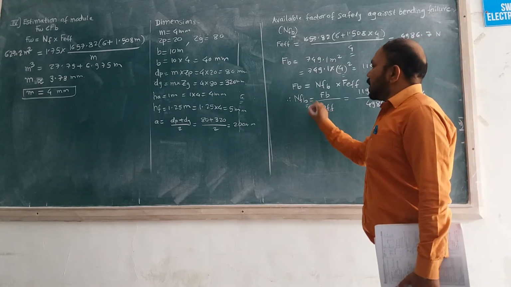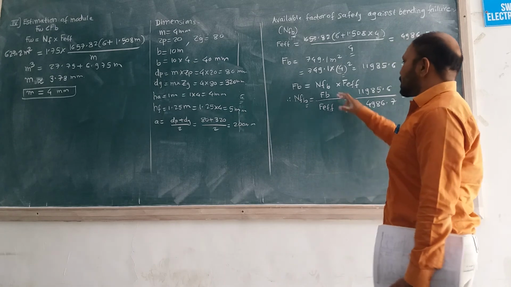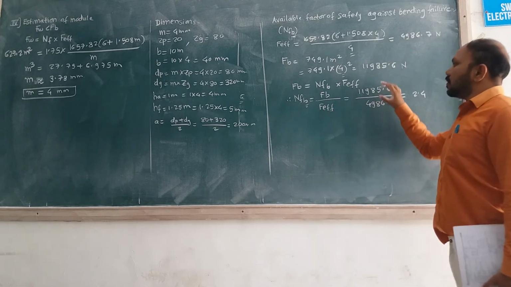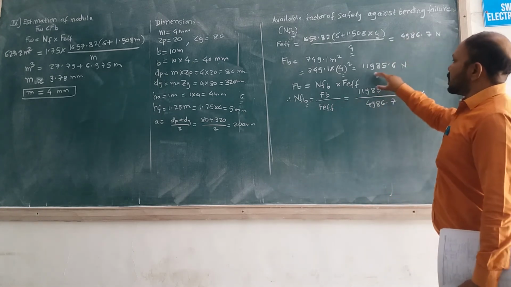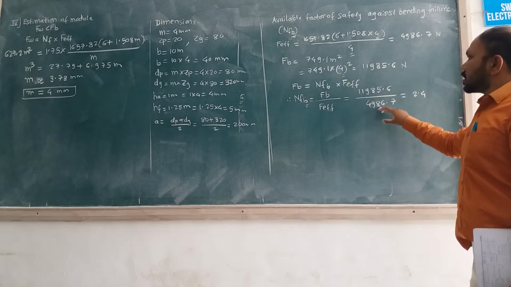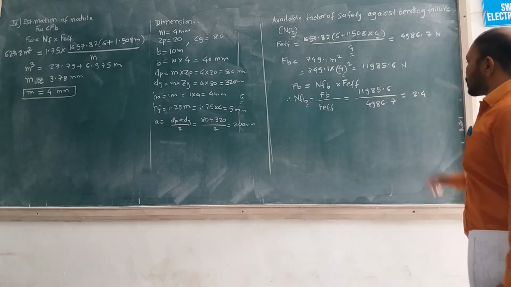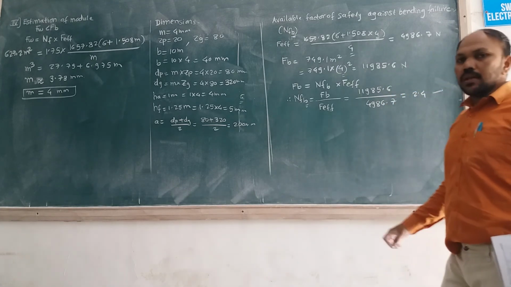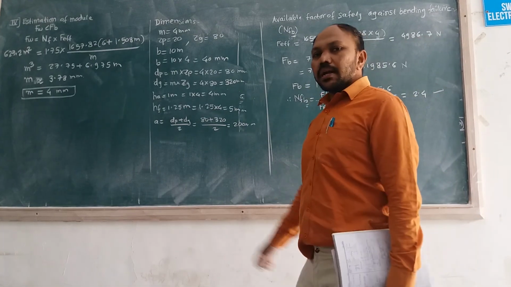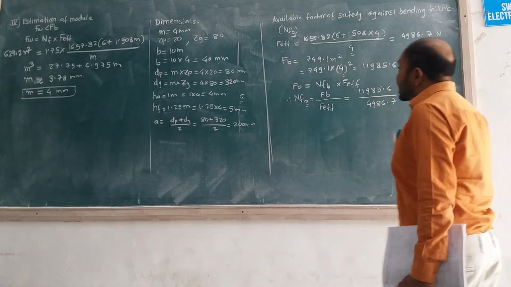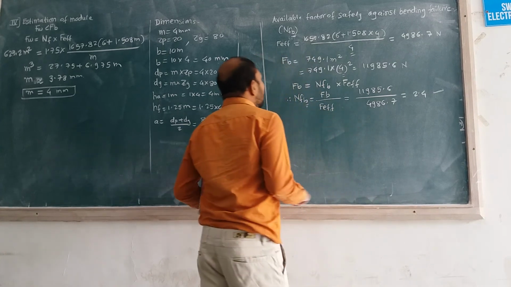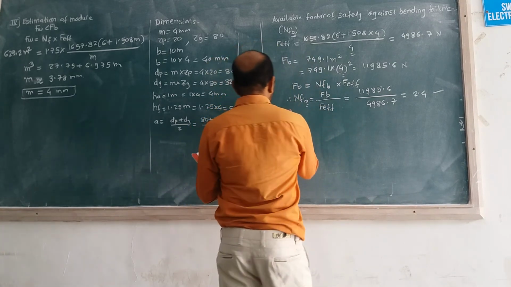Now, the factor of safety for bending is equal to FB upon F effective. We substitute both values, 11,985.6 upon 4,986.7, which is 2.4. So in case of bending, we get a factor of safety of 2.4. Similarly, for wear we also calculate the values.